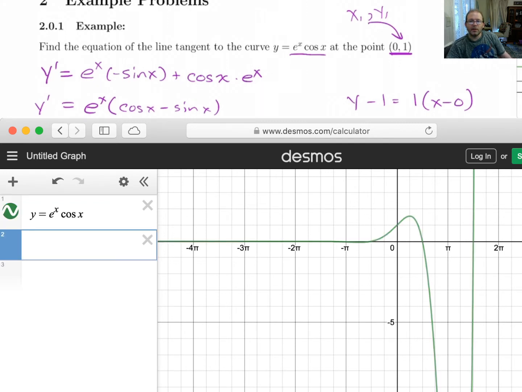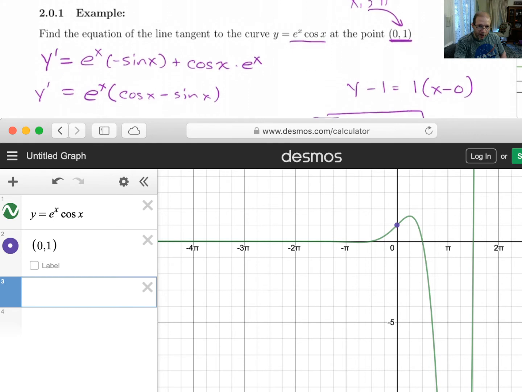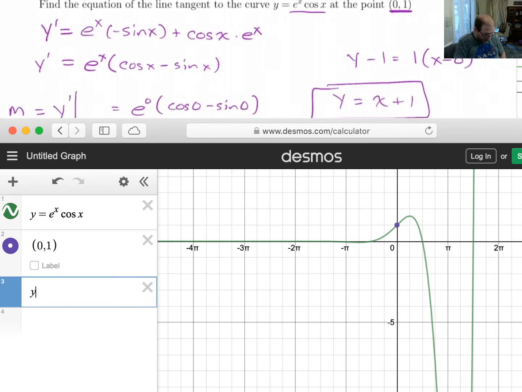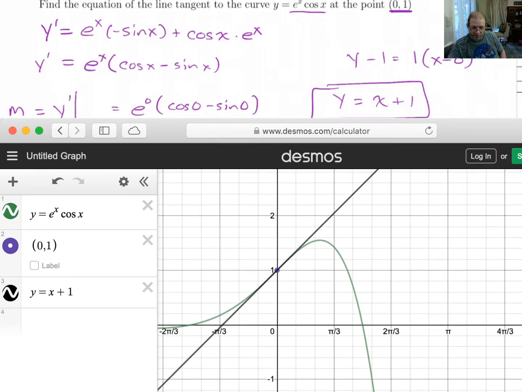The point is 0, 1. That's the point we're supposed to find the tangent line through. And we came up with the tangent line y equals x plus 1. And sure enough, that's it. If you zoom in and look at it, that's the tangent line.